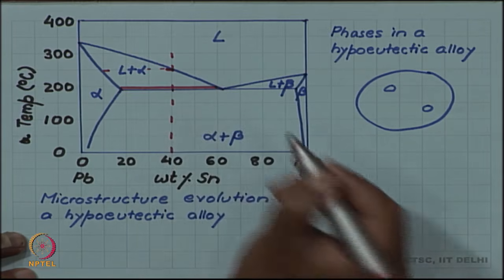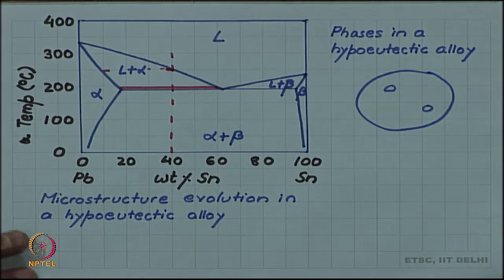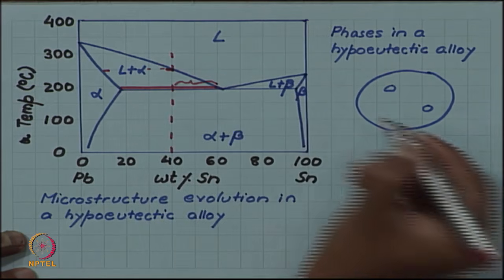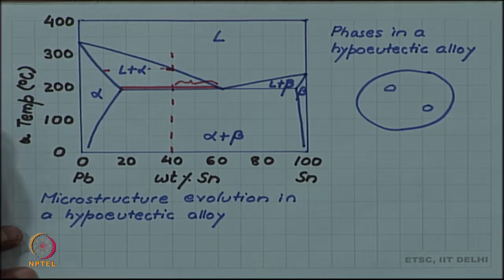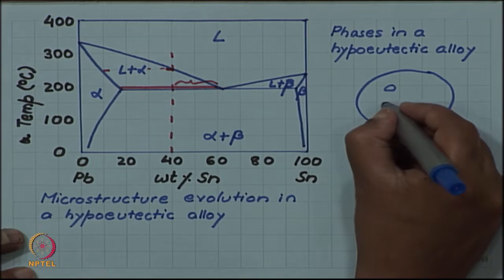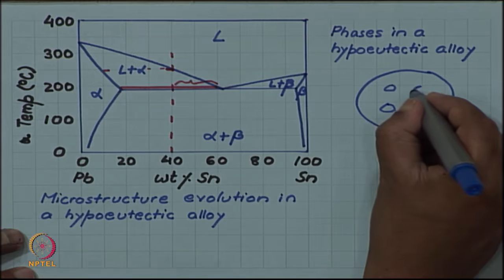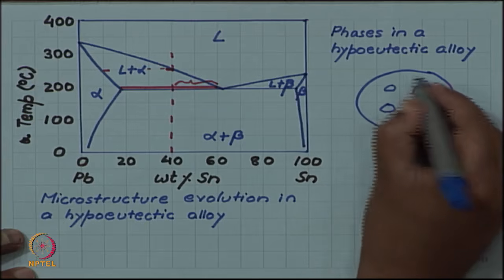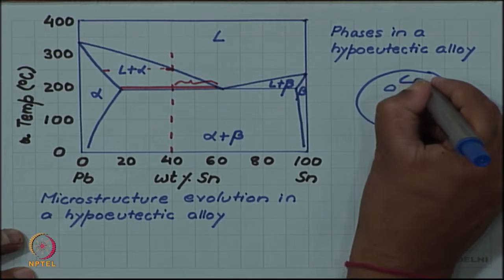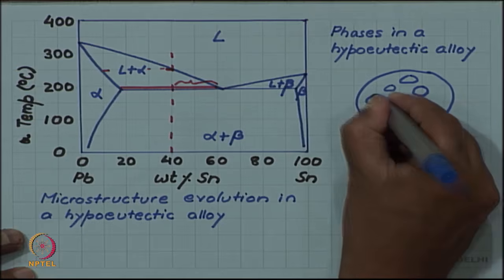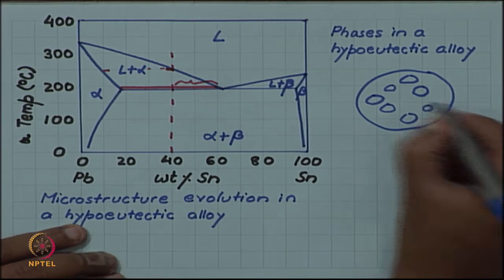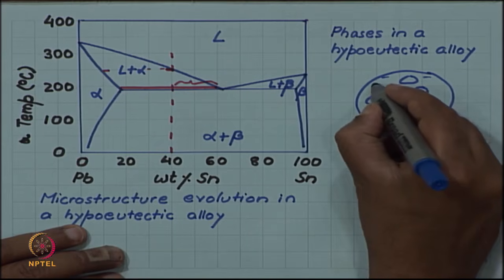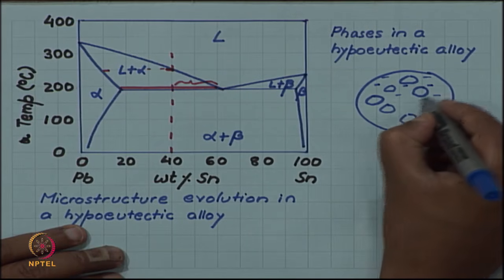At a temperature just above the eutectic, where I have drawn this red tie line, you will have the maximum amount of alpha forming. So, let us make more alpha to represent this situation. So, this is all alpha, and the remainder of the alloy is liquid.